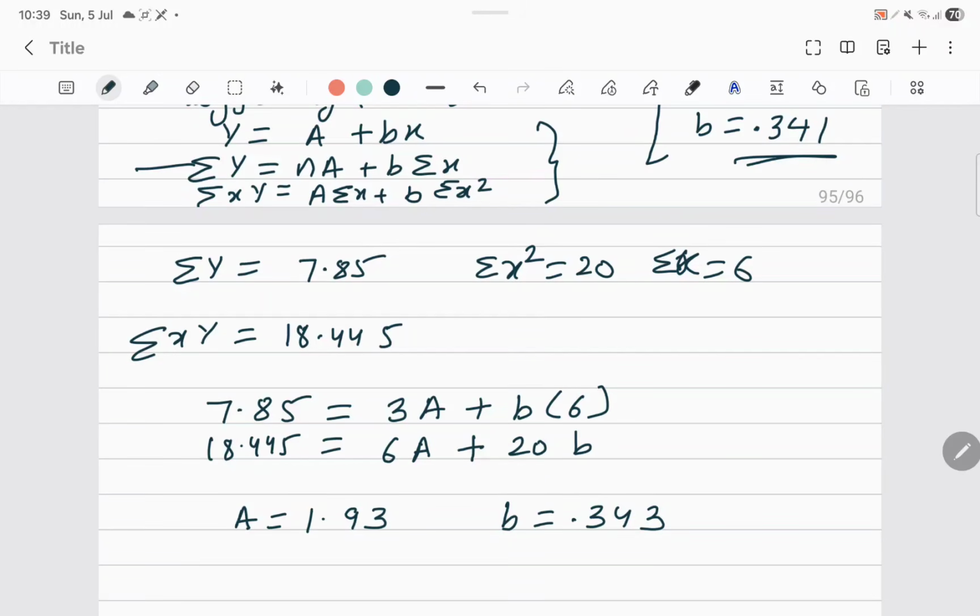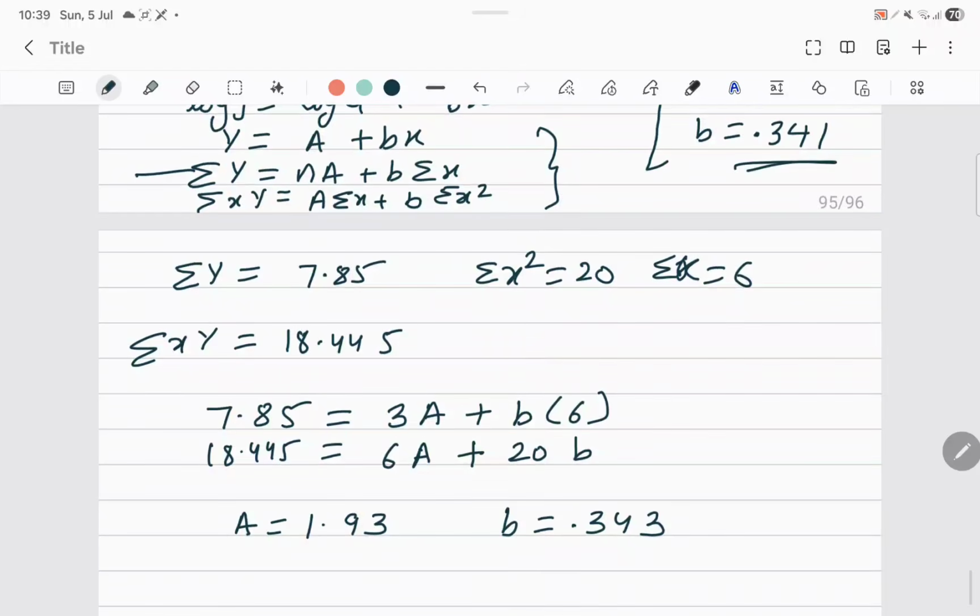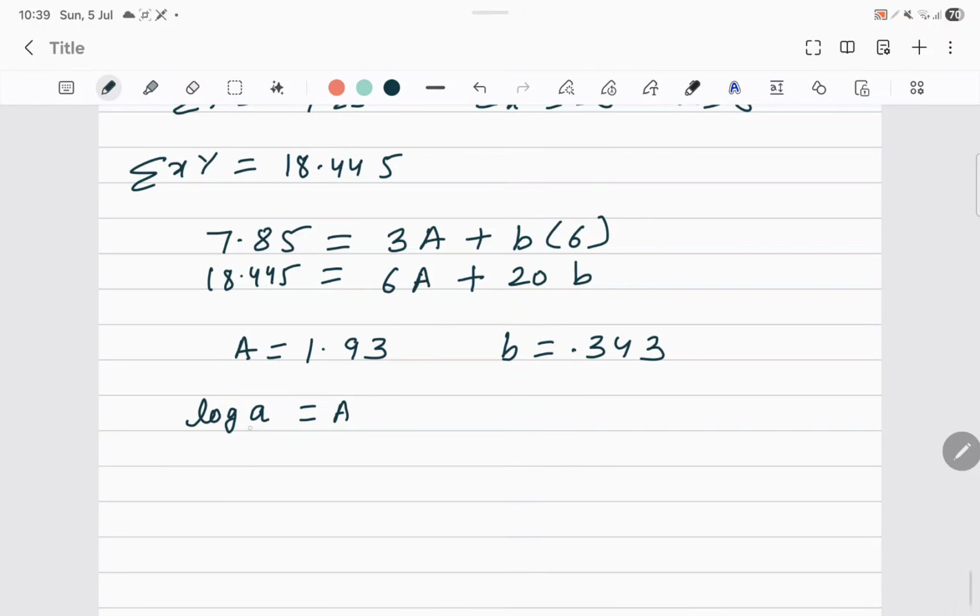But now you will be confused why A is not matching, because this is small a and this is capital A. Now what you have assumed is that log of a is equal to capital A. So you need to figure out the value. So log e of a is equal to 1.93. So a is equal to e to the power 1.93. Right? So you have to find out this value.